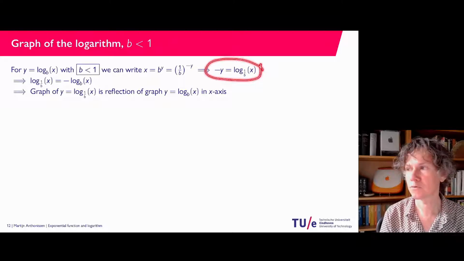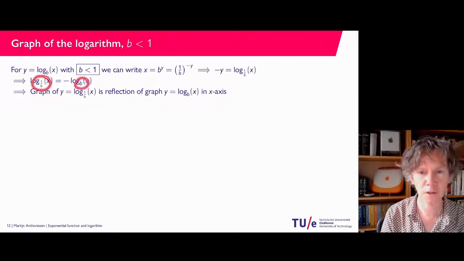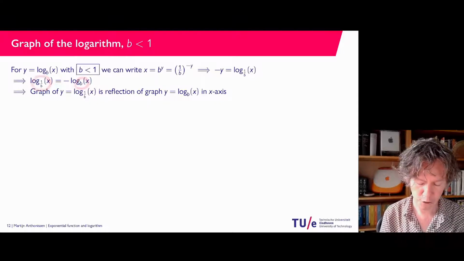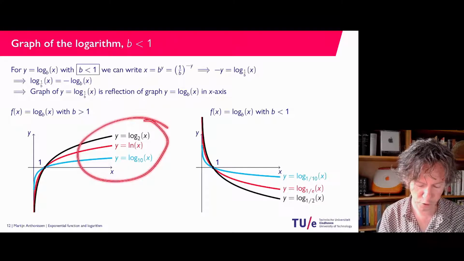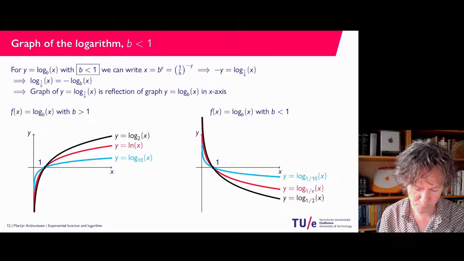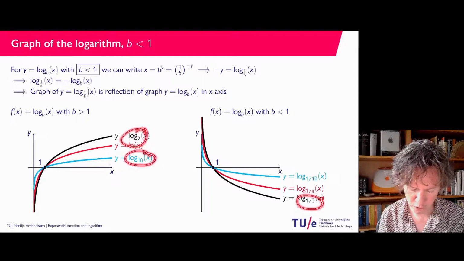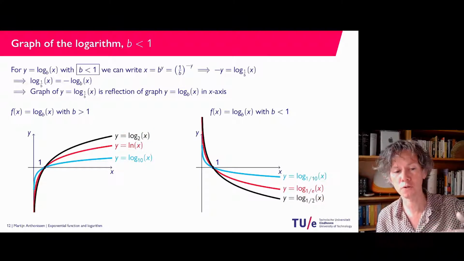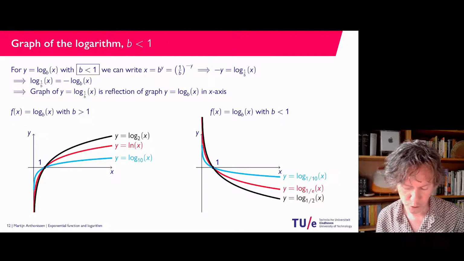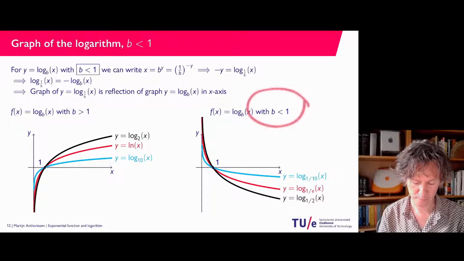So what we have found is that the logarithm base 1 over b is related to the logarithm base b, but it gets a minus sign. And what that means is that if you have here those logarithms that we have seen before, and you put the bases upside down, so here I have 2, here I have 1/2, here I have 10, here I have 1 over 10, that means flipping the graph in the horizontal axis. So then you know what the graph looks like for b less than 1.